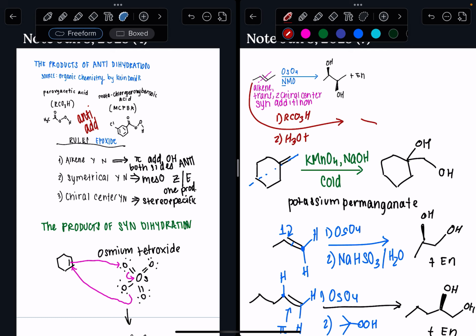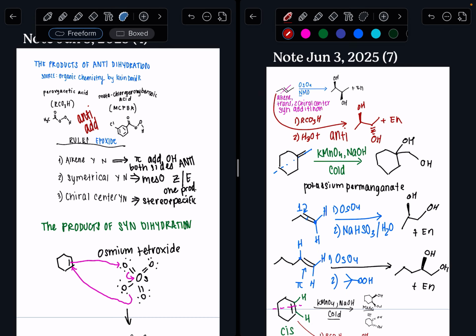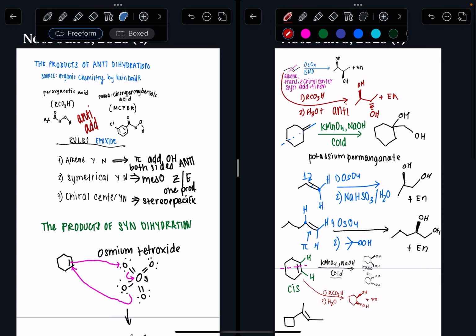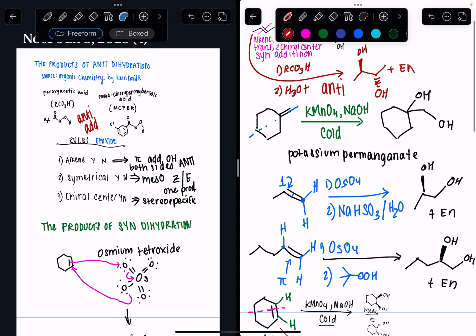You're going to get anti-dihydroxylation. So that's going to look like this. So not the same thing. This is one of the few examples, and the reason that this is an example is because it's a Z product, right?